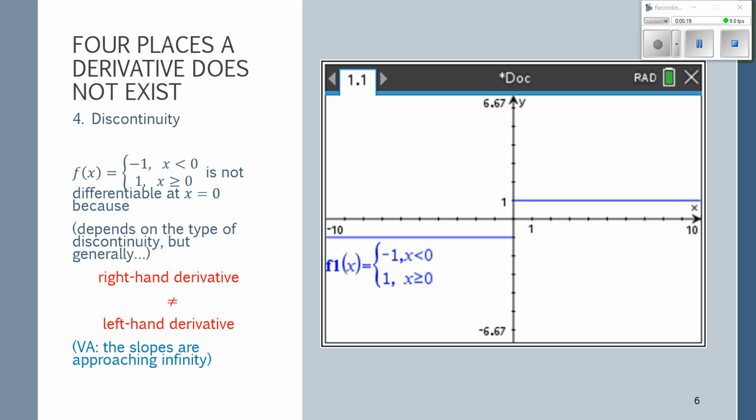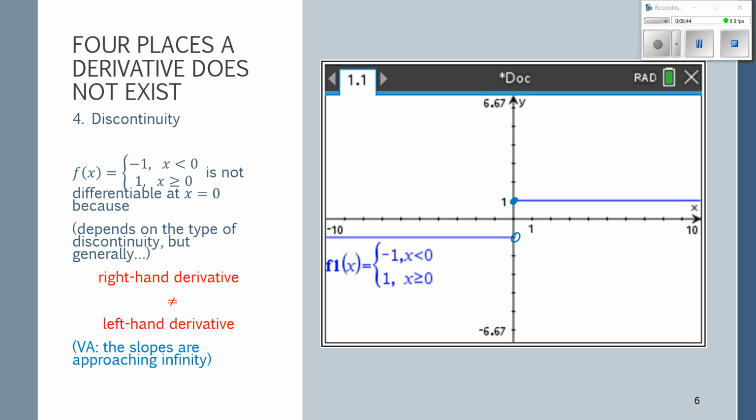And I know that seems weird because if we look at the example I have graphed, the piecewise function where the function's -1 when x is less than 0, +1 when x is greater than or equal to 0, and make sure I include, there's a closed dot here and an open dot here. It looks like the slope on the right is 0 and the slope on the left is 0. So why aren't the derivatives the same?